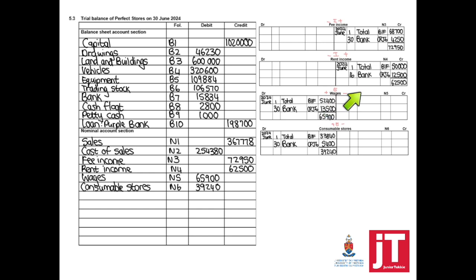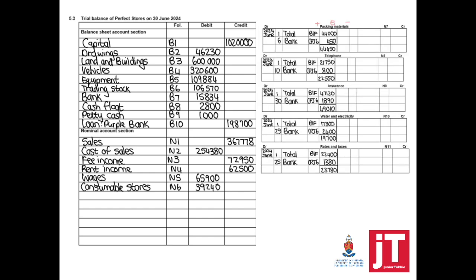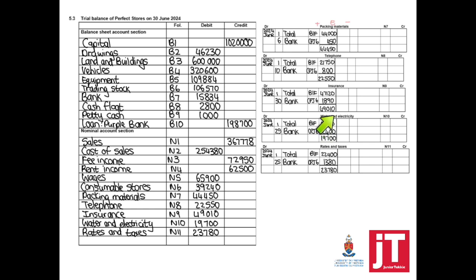This is your new totals calculated. Packing material, account number N7, telephone, insurance, water and electricity, rates and taxes. So again, it's your new totals calculated at the end of the month.